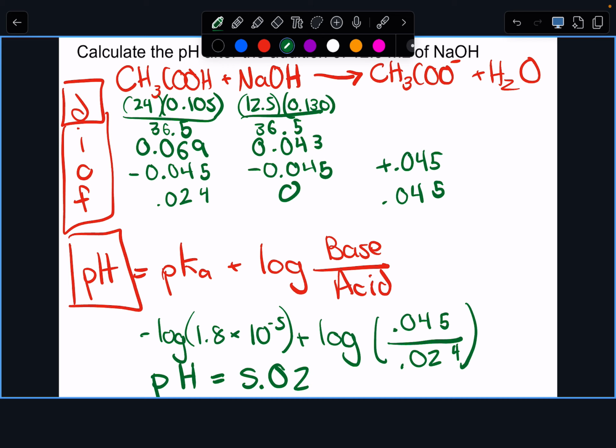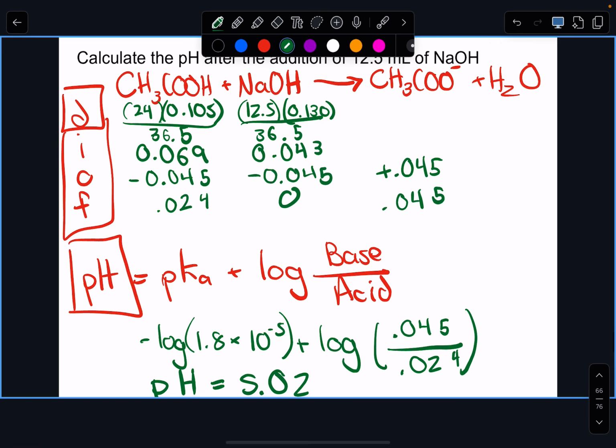If you had a number, like if you had 4.9 and you had one that was 5.02 and one that was like 4.8 or something, I would double check your work and make sure you don't round anything. So like if I had rounded, like let's say I put 0.07 instead of 0.069 and 0.04 instead of 0.043, that might have been enough to get you to a pH of 4.9. So just try not to round too much until you get to the end, obviously. But it's close enough that it sounds like you're doing it right.